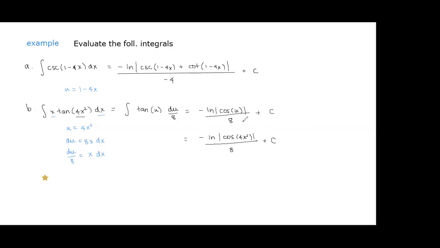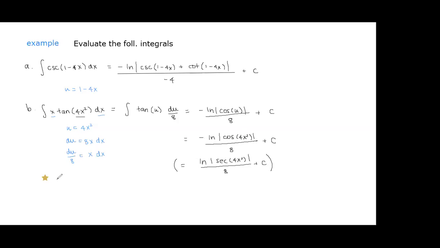So it's possible that if you try to find the solution of a problem like this online, you would get the answer that this is equal to ln of absolute value of secant of 4x to the power of 2, divided by 8 plus c. So you'll see the big difference here is that there's no minus in front anymore, and the inside function has changed into secant and not cosine, right?